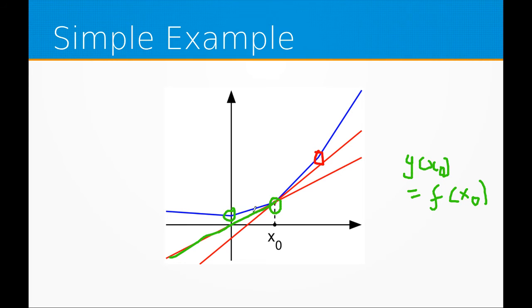At this point a subgradient satisfies the property that if g is a subgradient, then at x0 it has the same value as the function, and also on other points it's always less than the function. So if you can see at this point, g has a lower value than f.